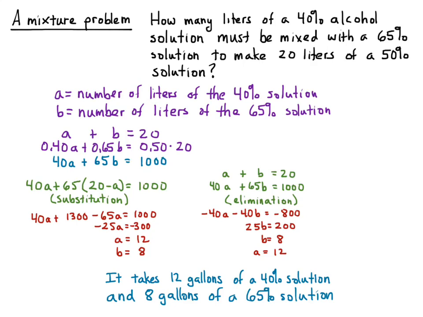What I'll do is I'll rewrite it on the board in the form that I've usually had. So we have A plus B equals 20, and you understand how I got to 40A, right? Instead, I multiplied by 100 to eliminate the decimal. So I have 40A plus 65B equals 1,000. Then the first thing I did was multiply this by negative 40 to get negative 40A minus 40B equals negative 800.